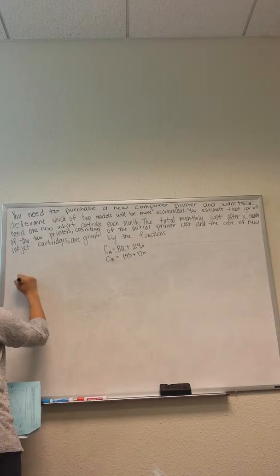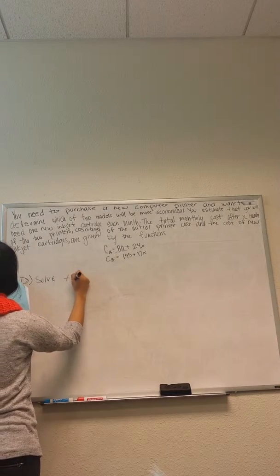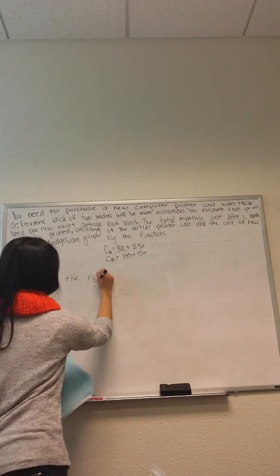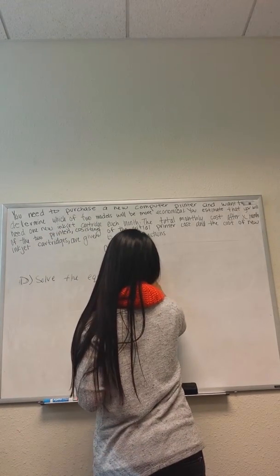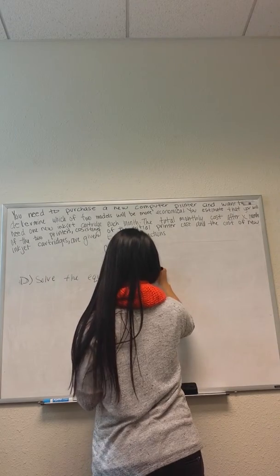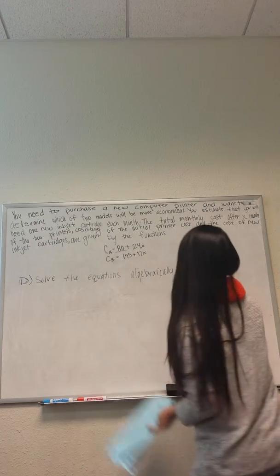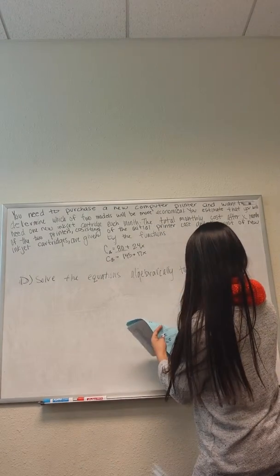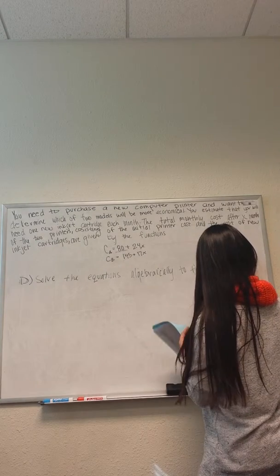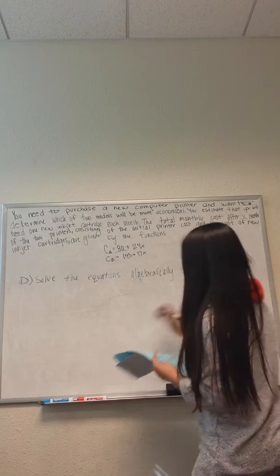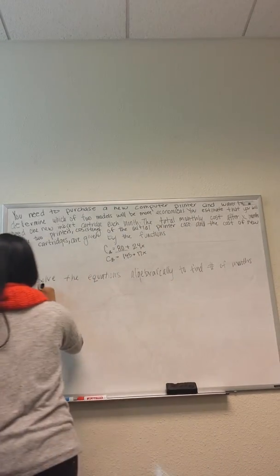And then for part D, you have to solve the equation algebraically, so that you can find the number of months when the cost for the two printers are equal.